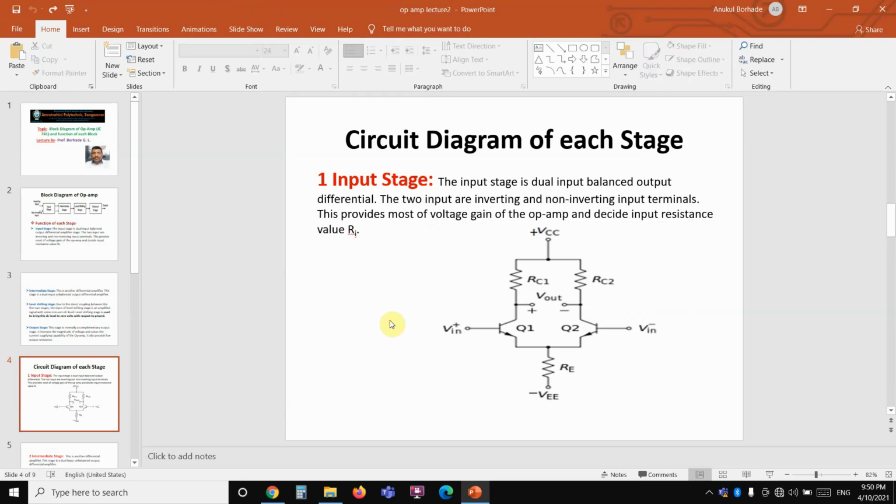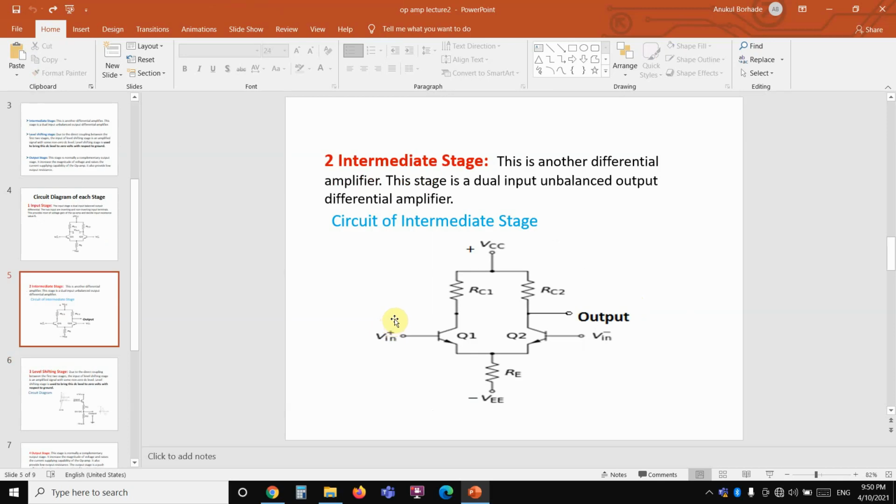Okay. Then the next stage is the intermediate stage. This is the circuit of the intermediate stage. This is another stage of the differential amplifier, means which amplifies the difference between two signals, means the output of the input stage is applied to the intermediate stage.